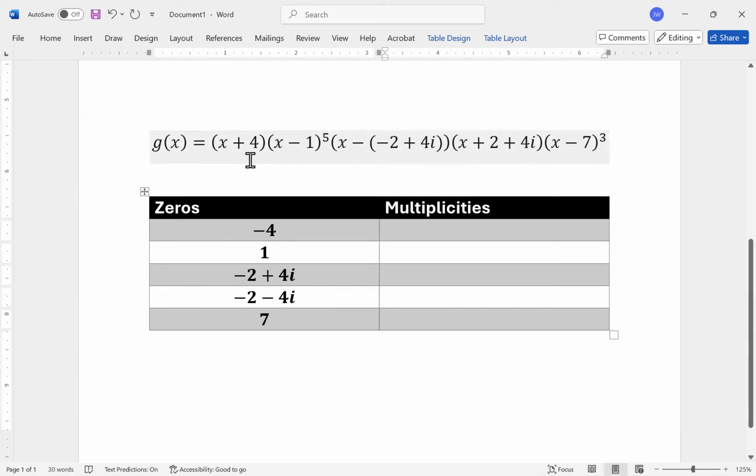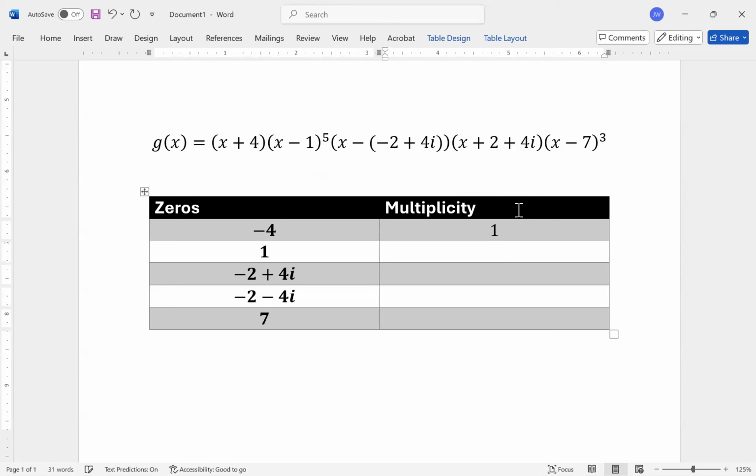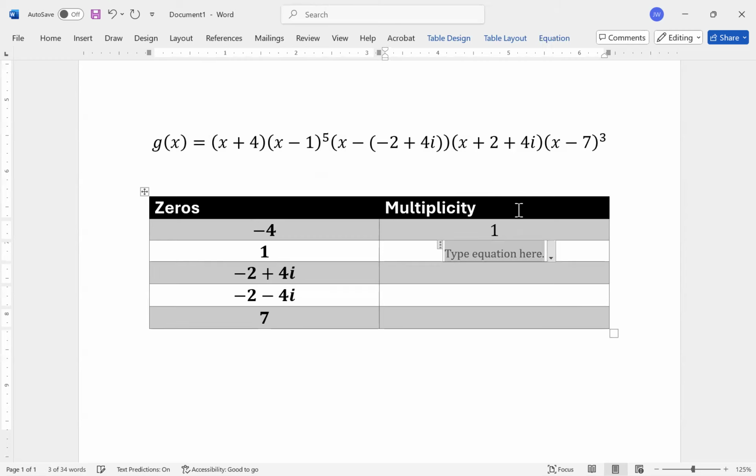The multiplicity of the 0 of -4 is 1 because that happened only one time. The multiplicity of the x value 1 is 5. So the multiplicity of the 0 of x equals 1 is 5. The multiplicity of -2 plus 4i is 1.